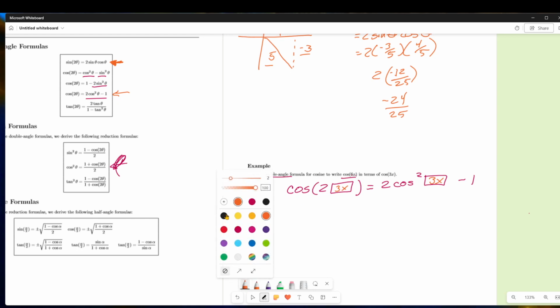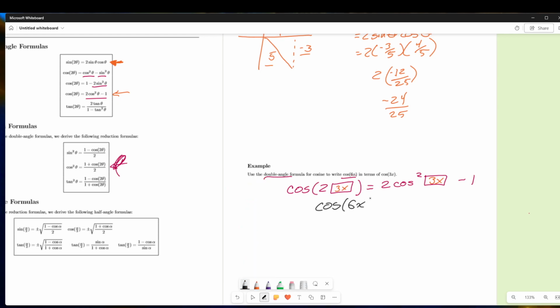So, recognizing that, the cosine of 6x is just equal to 2 times cosine squared of 3x minus 1, and that's an expression entirely in terms of the cosine of 3x.